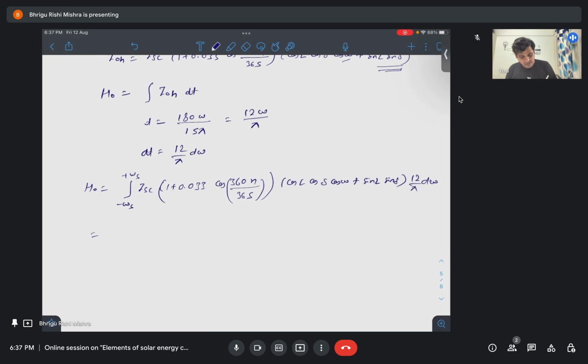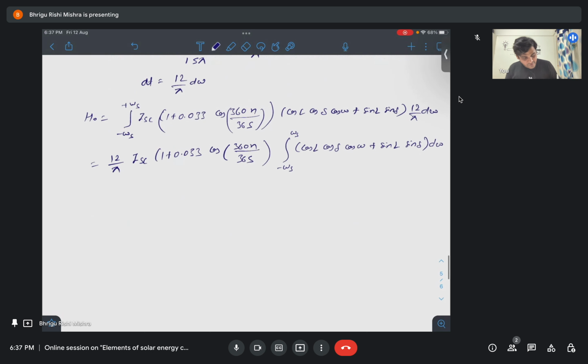The constant terms we can take out, so it will be 12 by pi, I_SC (1 + 0.033 cos(360n/365)), and the omega dependence term will be left here: integral from minus omega s to plus omega s of (cos L cos delta cos omega + sin L sin delta) d omega.